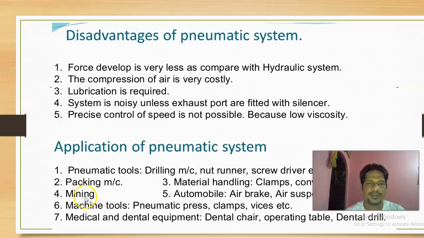Mining. Automobile: in the automobile sector, we use it in air brake, air suspension systems, etc. Then in machine tools, we use pneumatic press, clamps, vices, etc. And in medical and dental equipment like dental chair, operating tables, and dental tools.